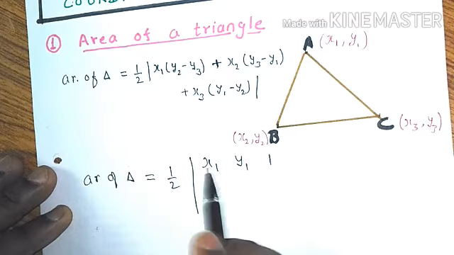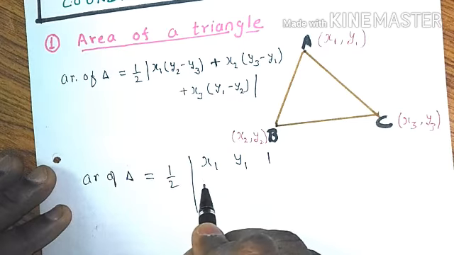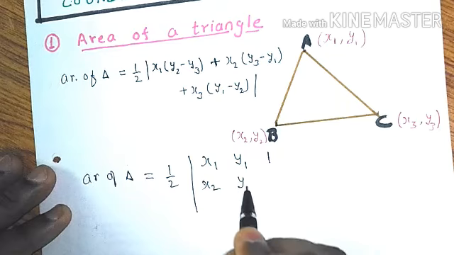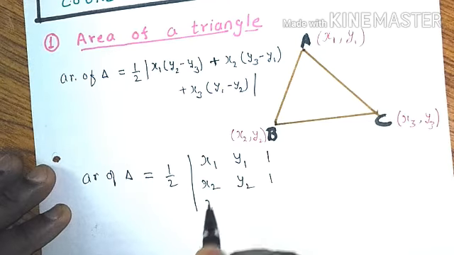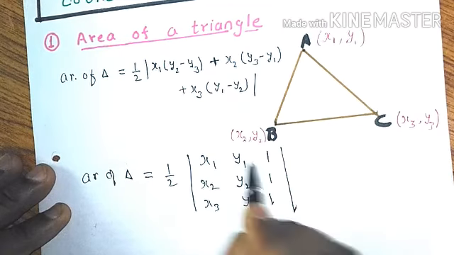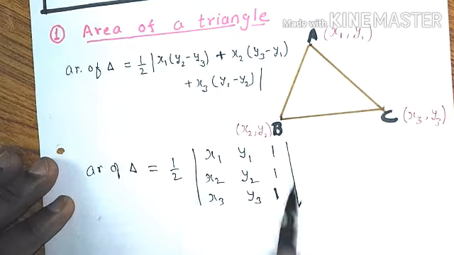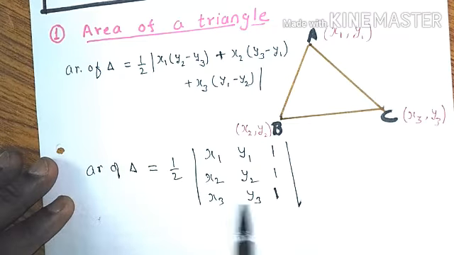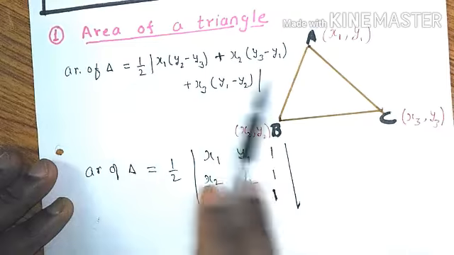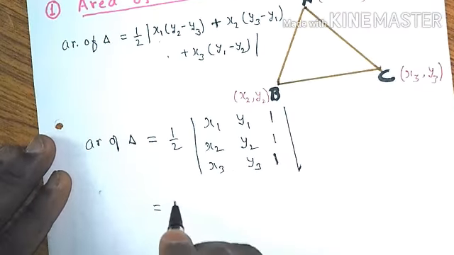Then the second coordinate is x2, y2 and then 1, and the third is x3, y3 and then 1. Why have we written this 1? Because in order to make it a square matrix. If I expand this determinant, I will get the same formula as written above. Let us see the expansion.